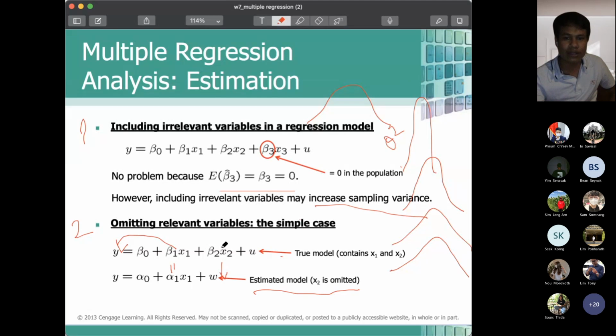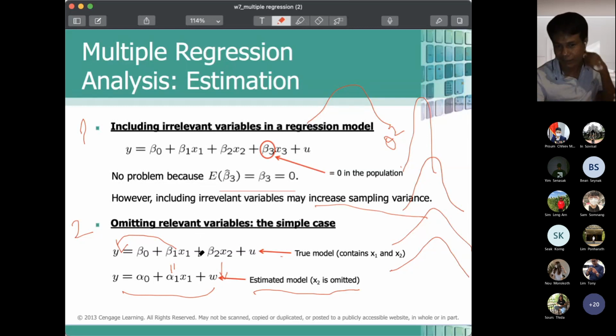So in this case, the true model is that we have to include x2 in the model. But the problem here is that we do not have data on x2, or unintentionally you exclude x2. So in your estimated model, you only include x1. If you run a regression using the model below by omitting x2, we call it an omitted relevant variable, because x2 should be in the model, but now you exclude x2, and we will discuss its effect in the next slide.